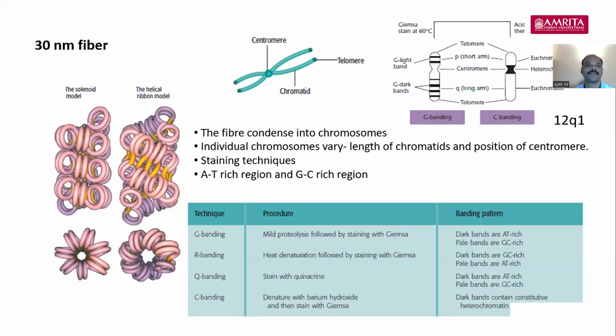We can continue. Okay. So as I mentioned, naked DNA gets spooled onto the histone. Then comes the first level of condensation. After that, the fibers that they form get condensed again at two more levels.